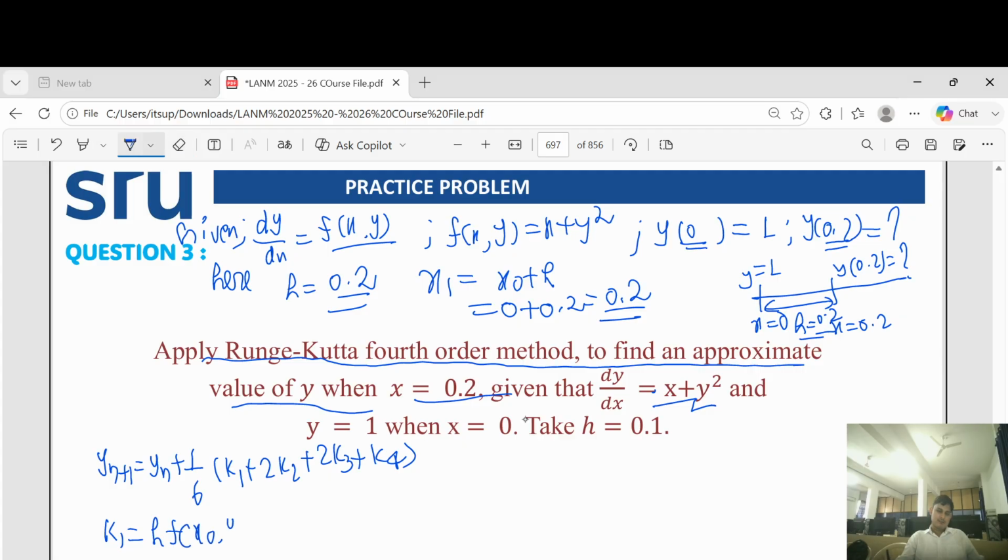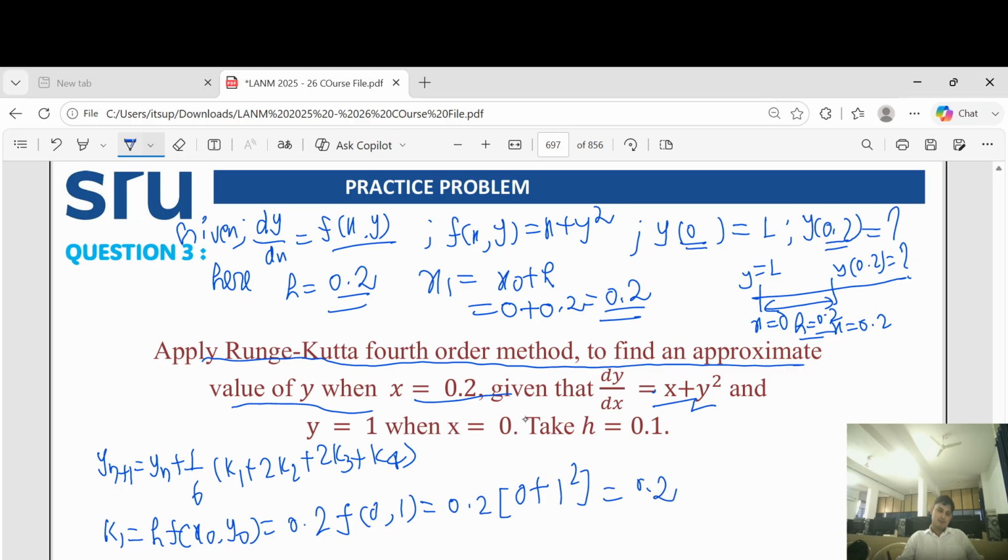So 0.2 f of x naught comma y naught. The x naught value is 0 and the y naught value is 1. And f of x comma y is x plus y square.